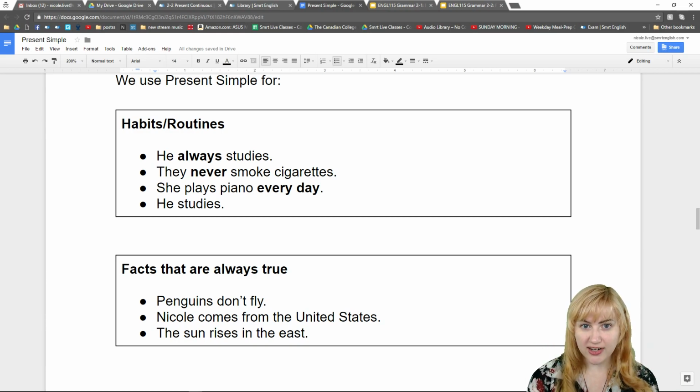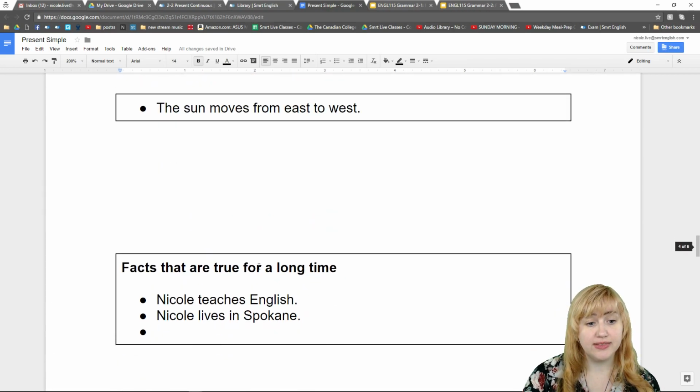Are we okay so far? Is this pretty easy? Okay, I'm going to give you just a little bit more information. So for level 2, we focus on habits and routines, facts that are always true, and facts that are true for a long time. But there are a couple more reasons why we use present simple, although we usually study these in a higher level.